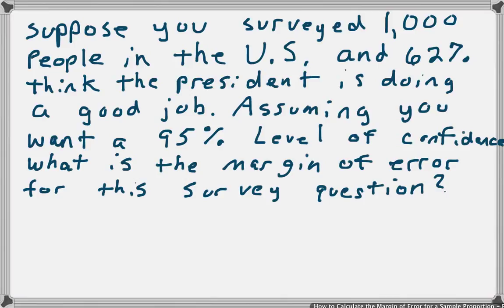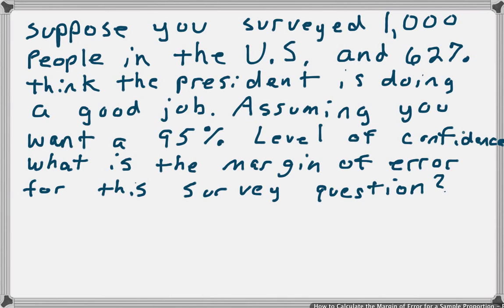Suppose you surveyed 1,000 people in the United States and 62% think the president is doing a good job. I don't know if that's true or not, but we're just going to use these numbers for an example. Assuming you want a 95% level of confidence, what is the margin of error for this survey question?